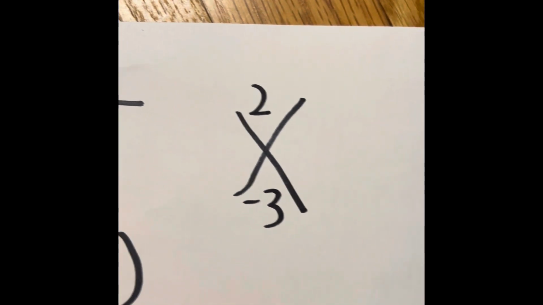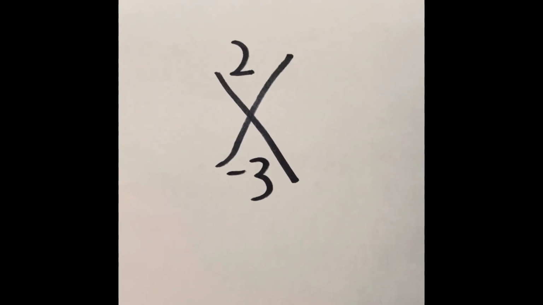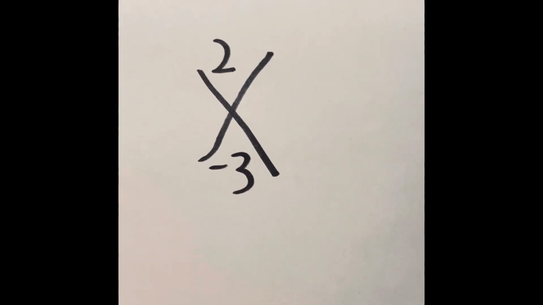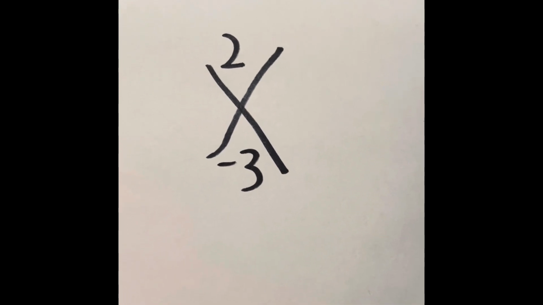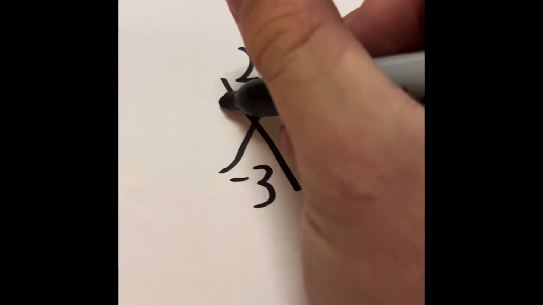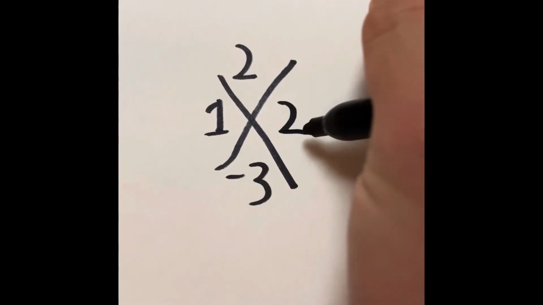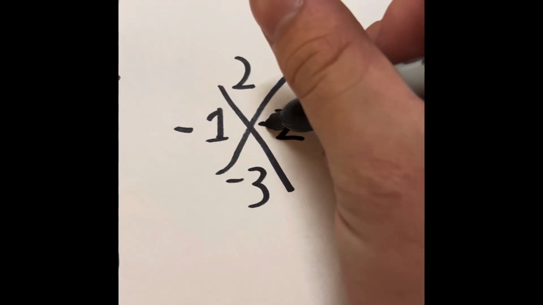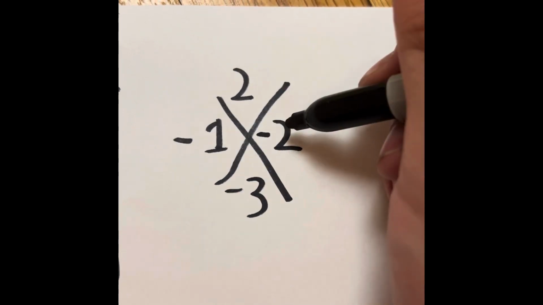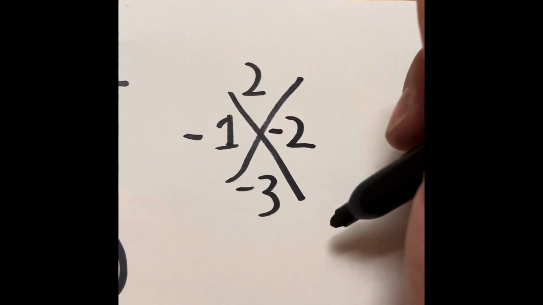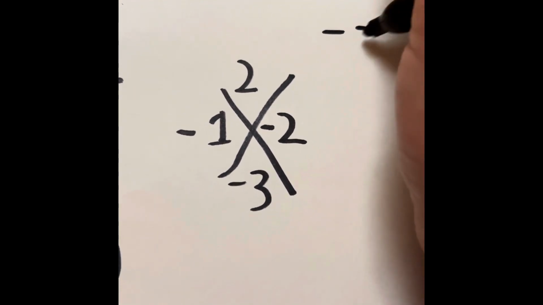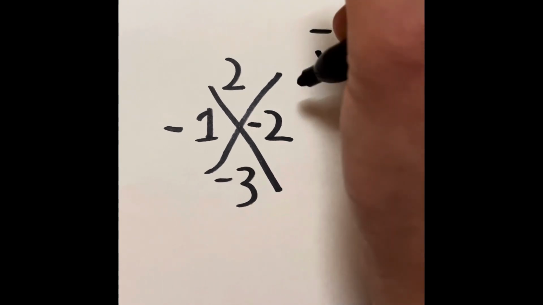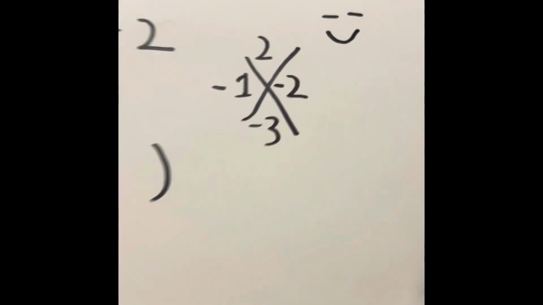So what could be multiplied to make 2 but add to negative 3? Well, 1 and 2 multiply to 2, but if you make them negatives, negative 1 and negative 2 add to negative 3. A negative times a negative is also a positive, meaning that these 2 numbers work.